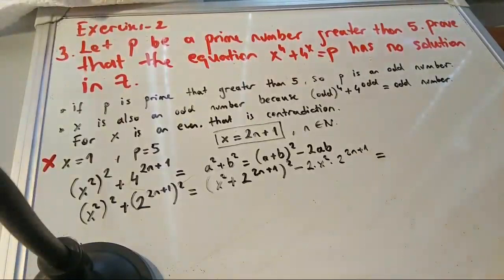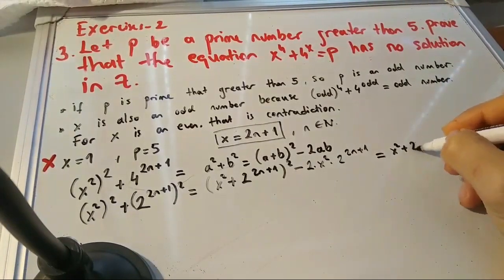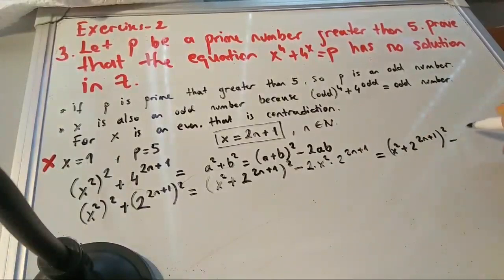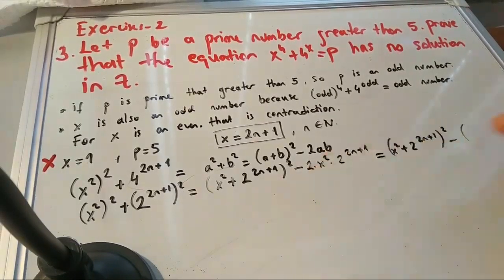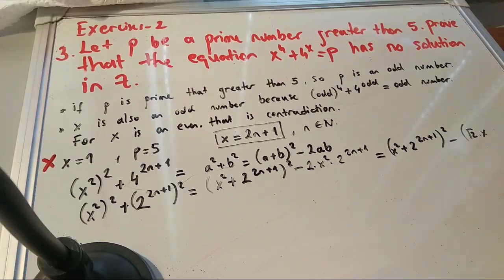Equals X squared plus 2 to the power of 2n plus 1, squared, minus, I will try to use here the difference of two squares.